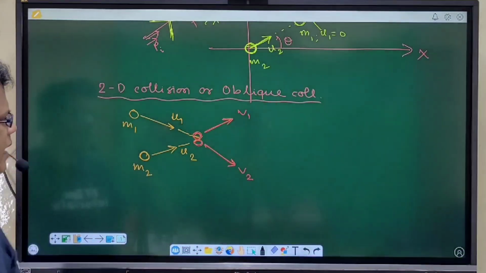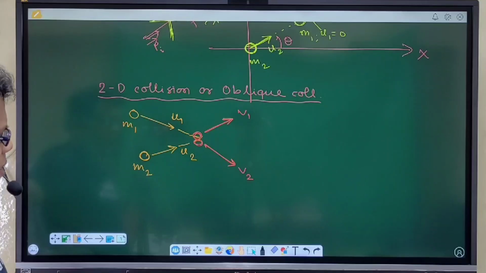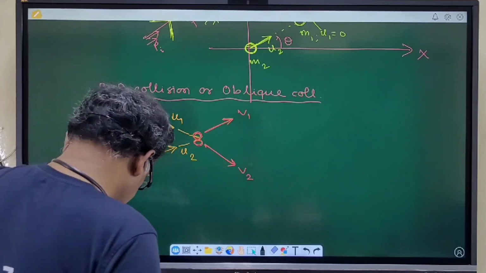So in such cases, neither m1 has the scope to continue its motion after collision along the same line which it had before collision, nor can m2. Both of them are getting deflected from their original motion before collision. Is that clear?